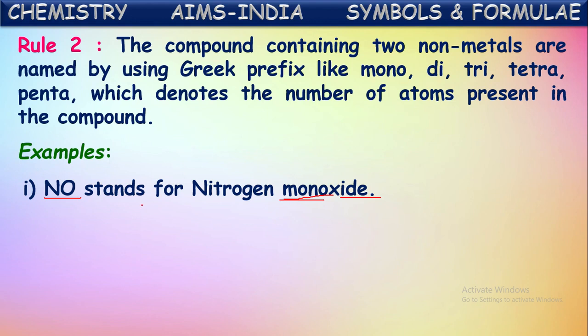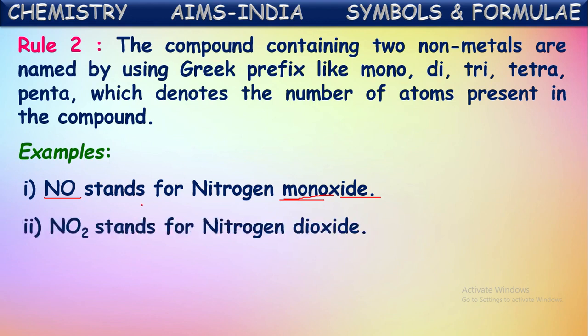Let us see one more compound, NO2. This is a compound formed between two non-metals, nitrogen and oxygen. First the non-metal name, nitrogen, is written. Then the second non-metal, oxygen, is written, and at the end of its name, ide is attached by eliminating a few letters.